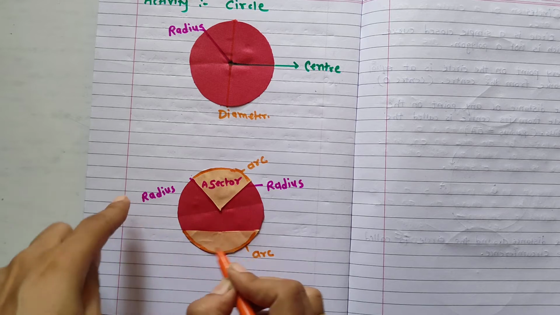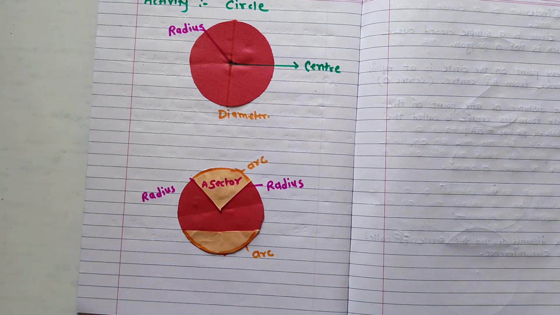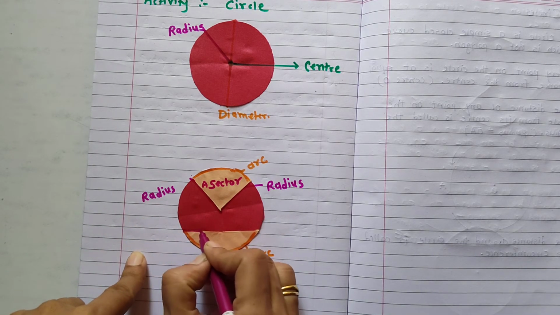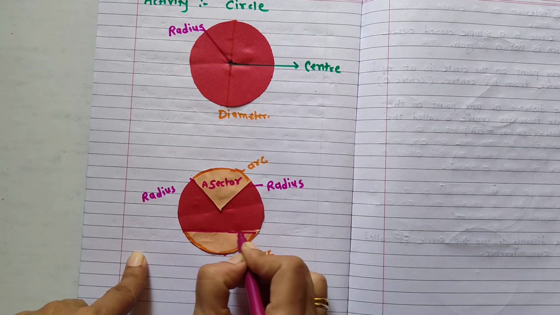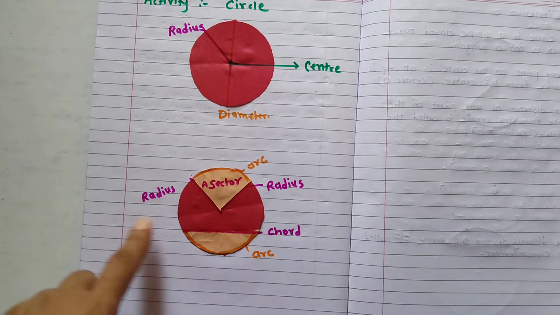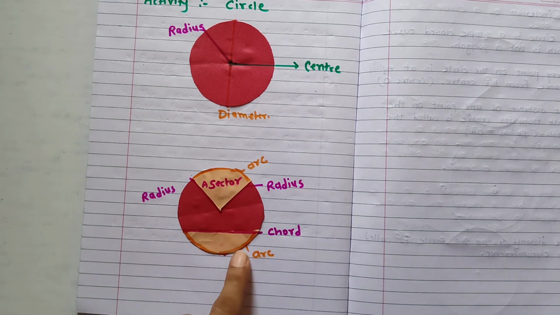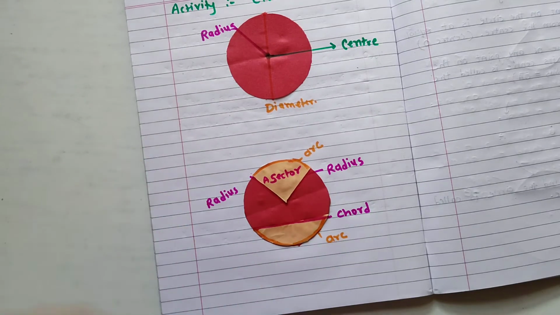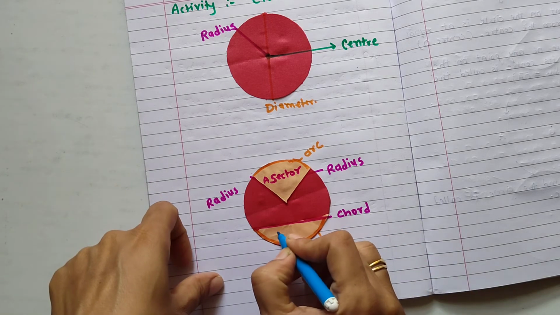And what is this? Here this is chord. Chord of the circle. And the part we get here is called a segment. So write the name here, segment.